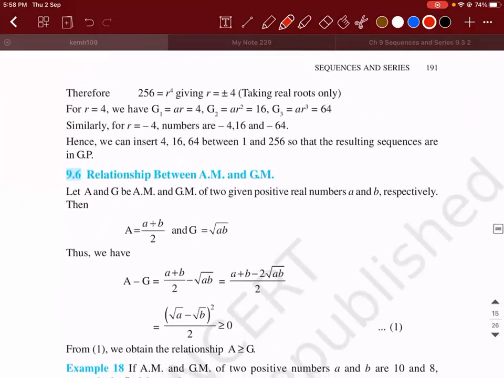Now see the relation between arithmetic mean and geometric mean. I told you already, arithmetic mean is represented by capital A, geometric mean is represented by capital G. So if A and G are the arithmetic mean and geometric mean of two given positive real numbers A and B, then can I say capital A is equal to A plus B by 2?